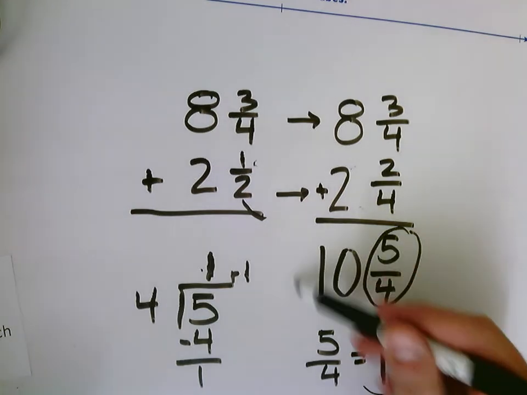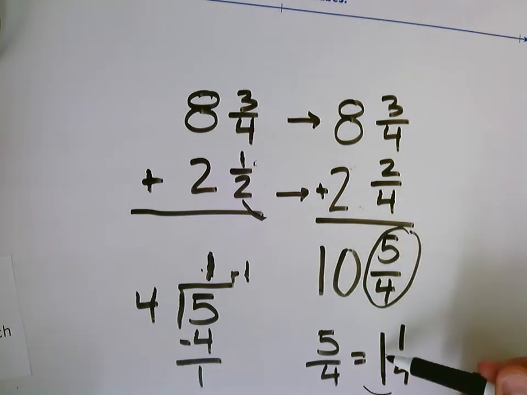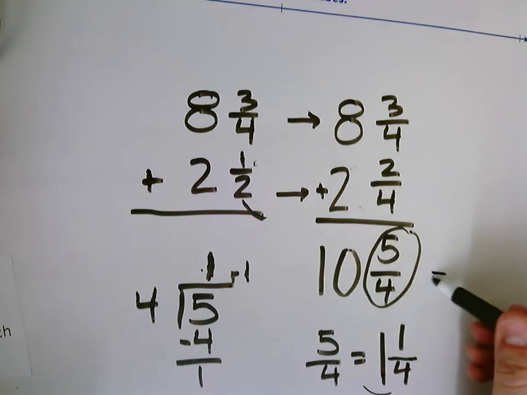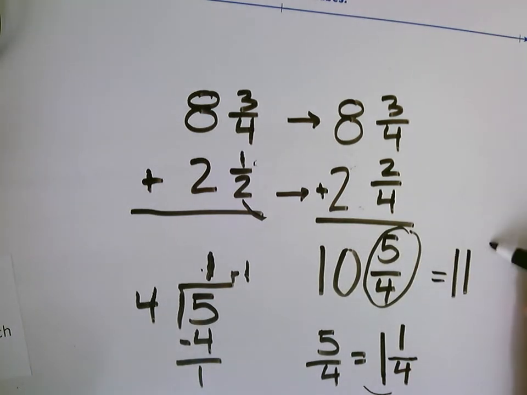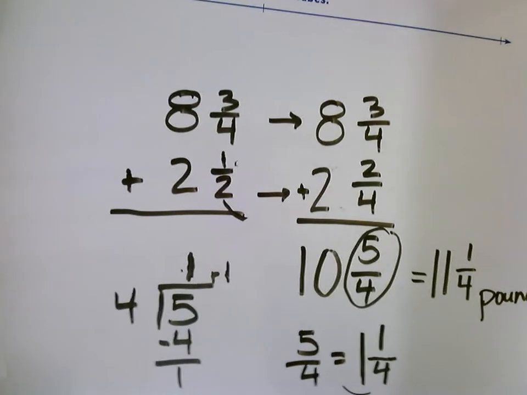I need to add that to my whole number that I already have. So 10 plus 1 1/4 is going to equal 11 1/4. So this puppy is 11 1/4 pounds.